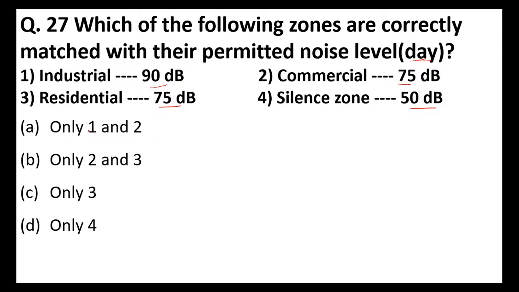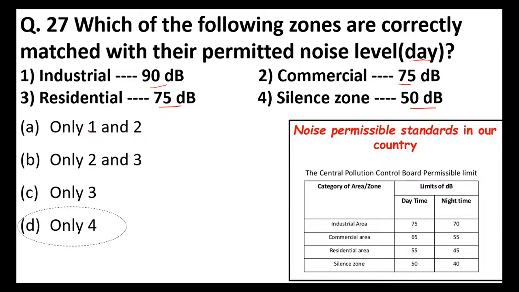The correct answer here is option D. So silence zone is 50. This is correct. If you see commercial, this is wrong. It should be 65. For residential, we have 55. For industrial, we have 75. So only option D is correct, where they're saying 50 dB. And remember, they are talking about daytime in the question.